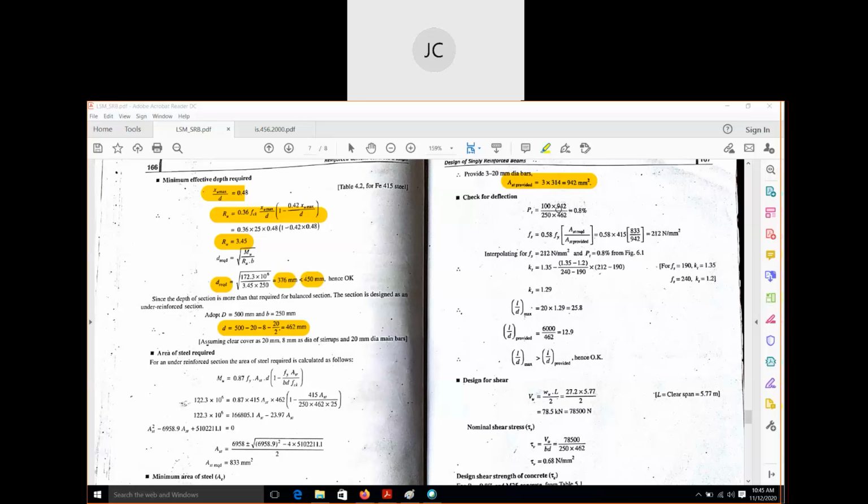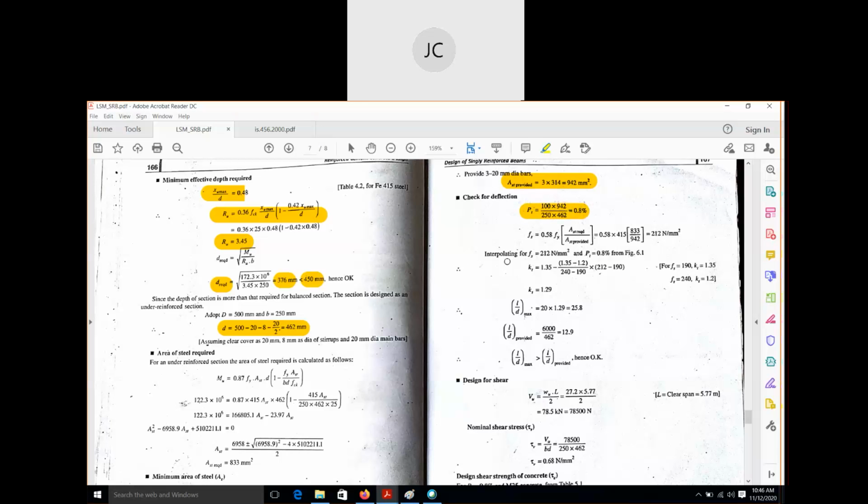Whatever values we are going to provide in our final beam, those values we have to use here. Ast means Ast provided, not the required one, divided by b into d. If you put all the values, we will get the percentage of steel as 0.8%.